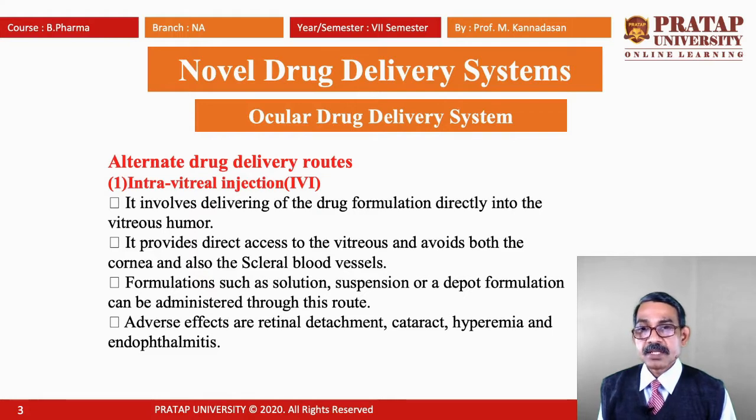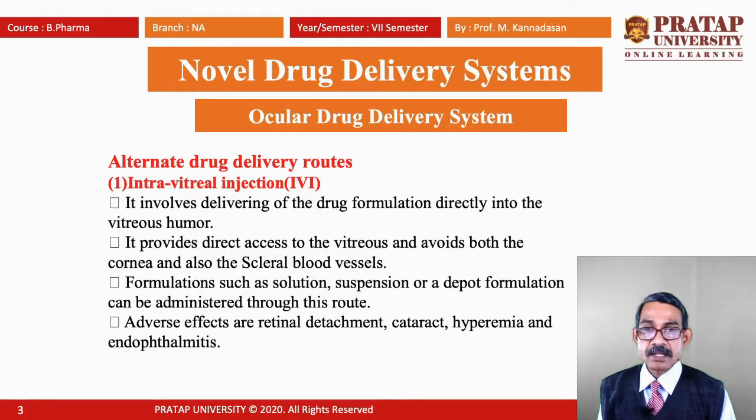It provides direct access to the various parts of the ophthalmic body, that is the fundus, a part of the eye, the vitreous, and avoids both the cornea and also the sclera blood vessels. That means this IVI route provides direct access to the vitreous and avoids both the cornea and sclera blood vessels.